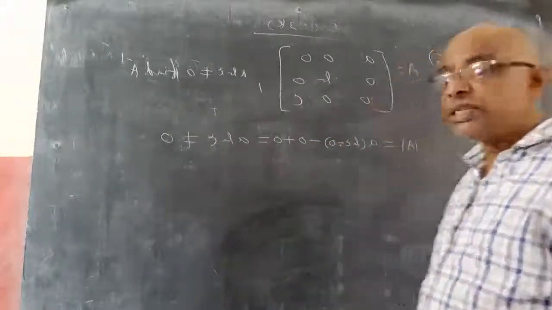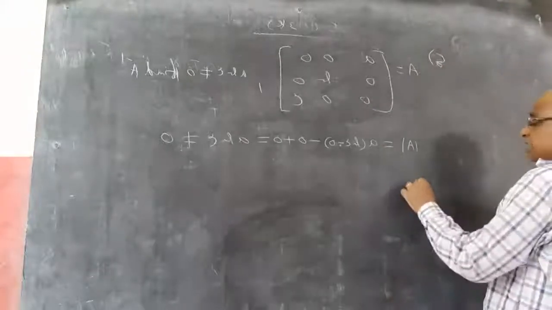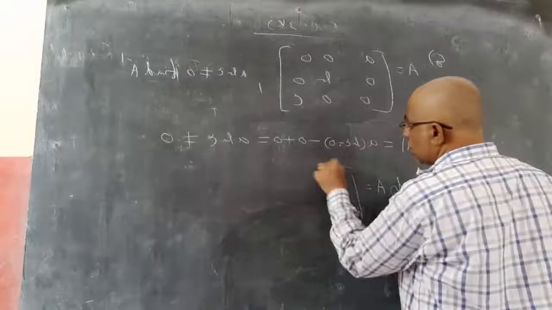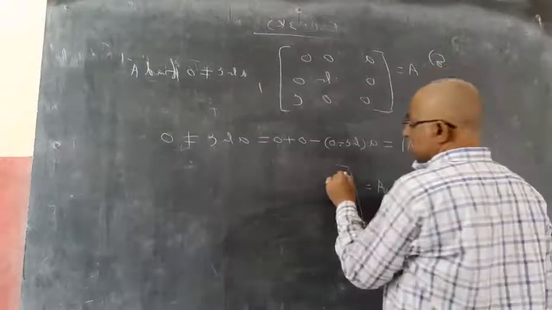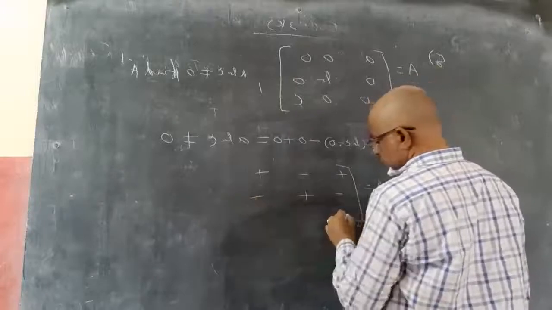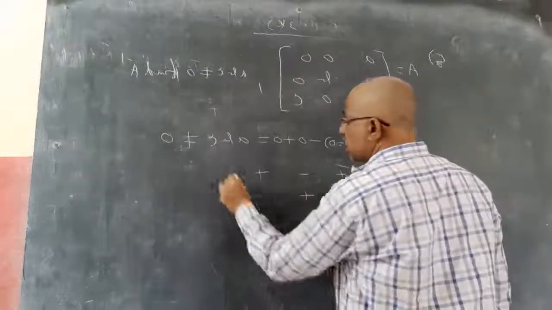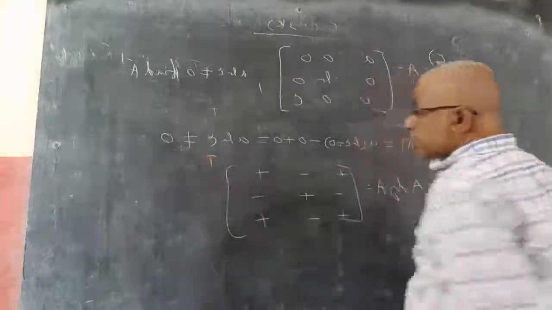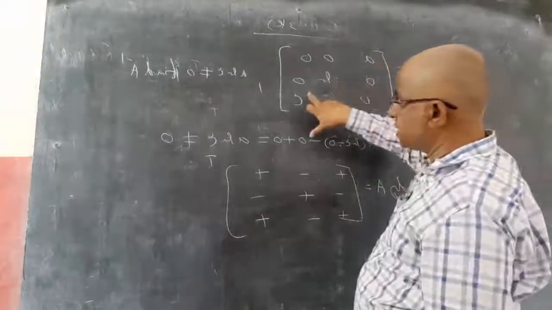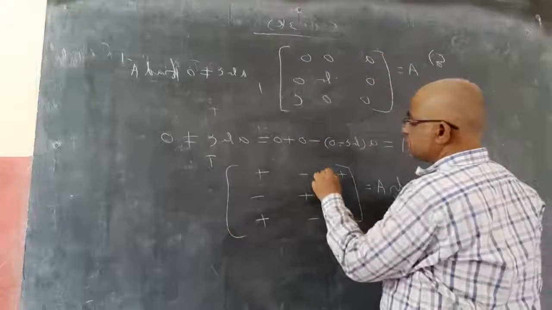So we will go for adjoint A now. How to find adjoint A you already know. I told you the shortcut: keep plus, minus, plus, minus, plus, minus, plus, minus, plus. Then transpose. Now, to find this element, close this row, this column, and find this. BC minus 0 gives you BC.